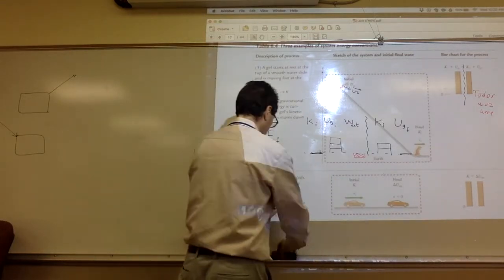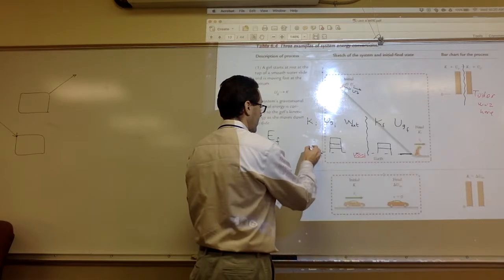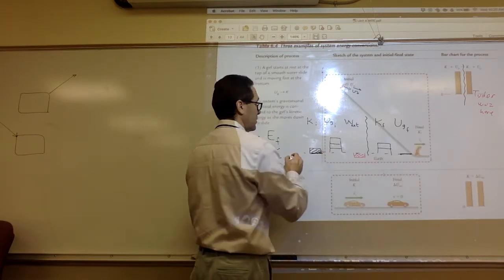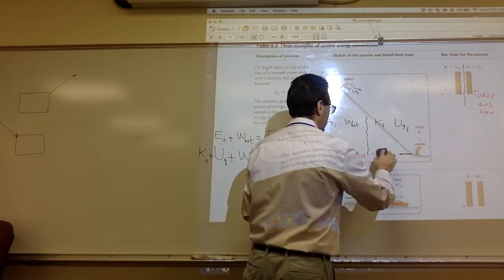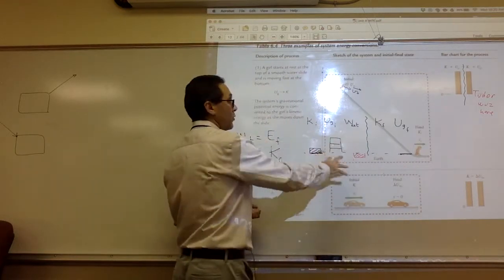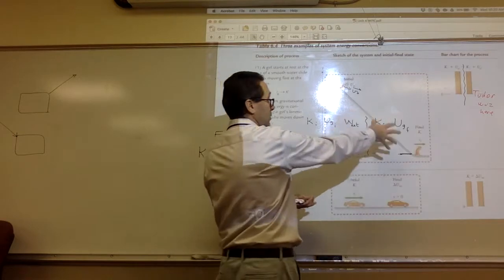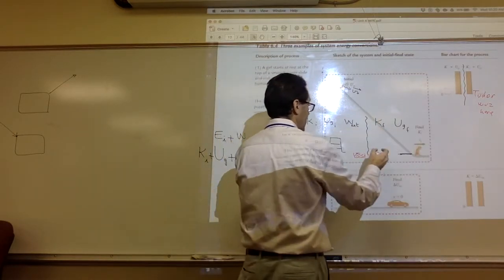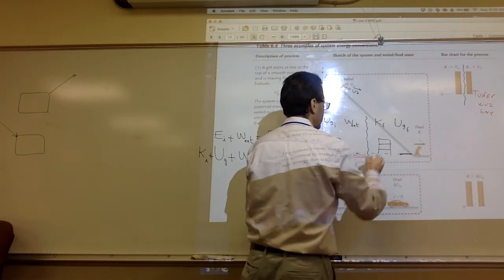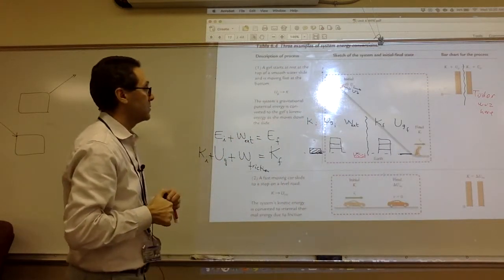I'm going to have to give her some kinetic energy here. So maybe I'll give her 1 bar of kinetic energy. Right? So now when she's here, the sum of all this here has to equal the sum on the other side. So she's going to have 3 bars. Okay, I hope this makes some sense, right?